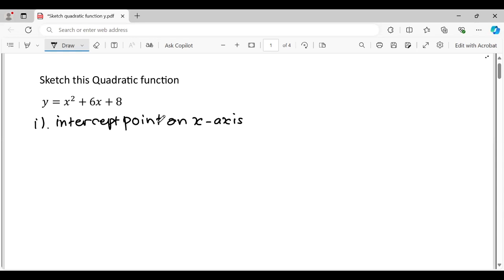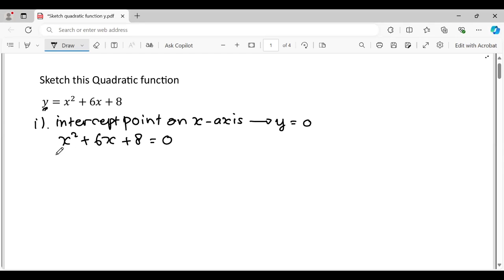To find the intercept point on the x-axis, the requirement is y equals 0. If y equals 0, we can write this function like this: x squared plus 6x plus 8 equals 0.